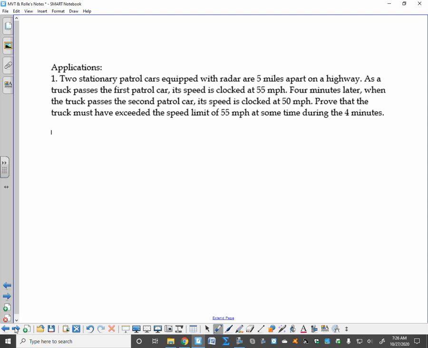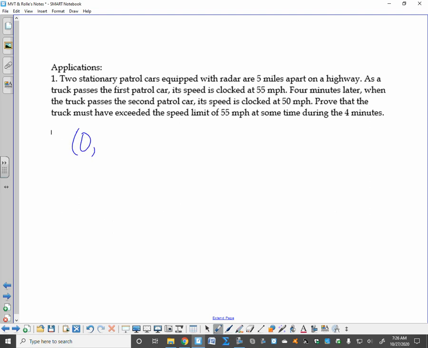Okay, now your instantaneous speed is your IROC. And that's what we're trying to prove, that at some point he hit above 55 miles an hour. Okay. What I need to do is find the average rate of change from point A to point B. So I'm looking for the average speed from, let's see, 5 miles apart, 4 minutes later.